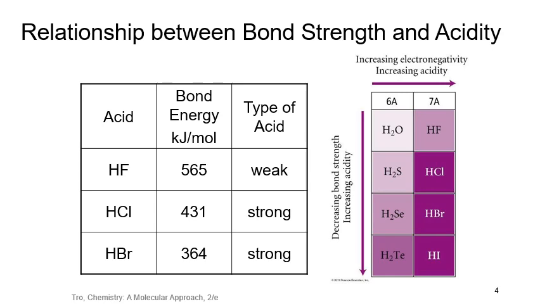Okay. This also has to do with electronegativity as well. Because the more that the electrons are pulled away from the hydrogen, the stronger that acid is going to be.